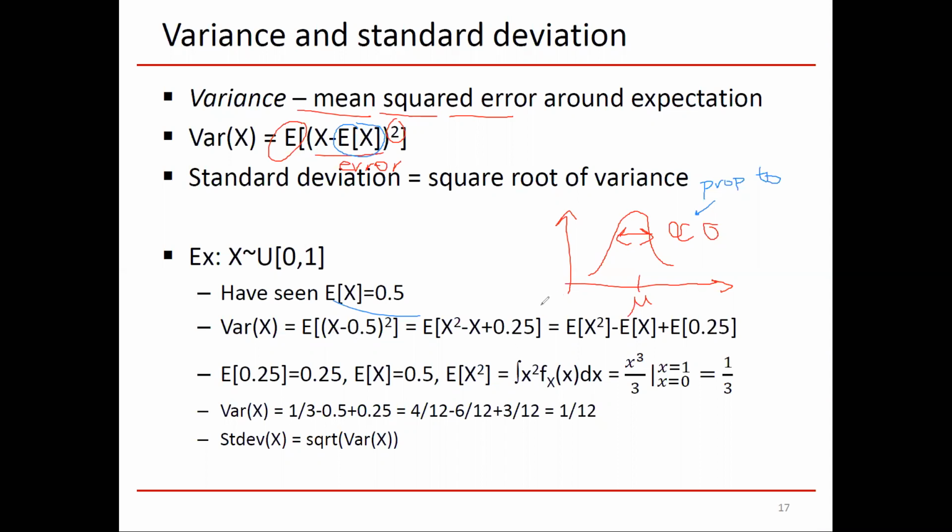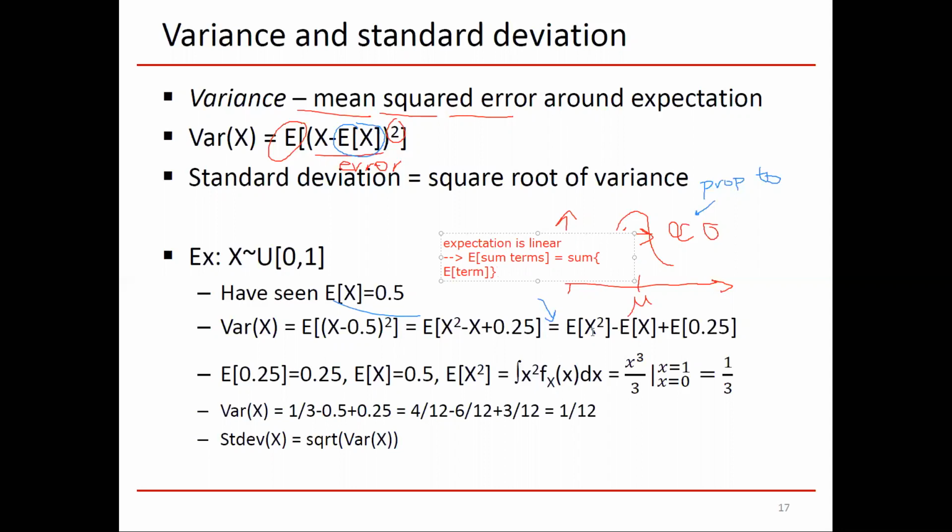And it so happens that expectation is a linear operator. Because of that, the expectation of a sum of terms is equal to the sum of the expectations of each of the individual terms.